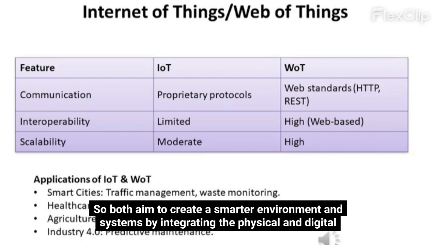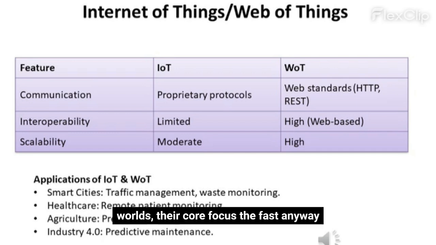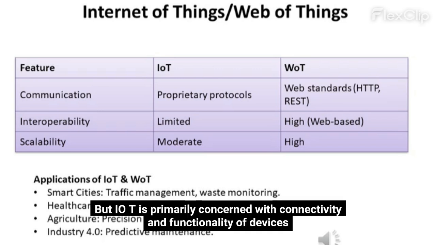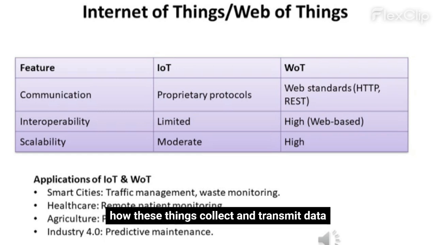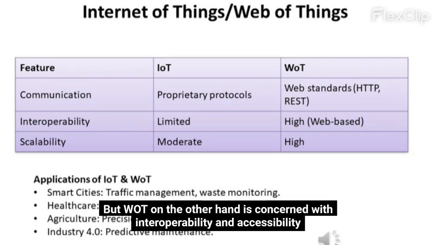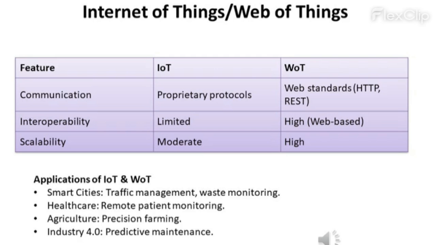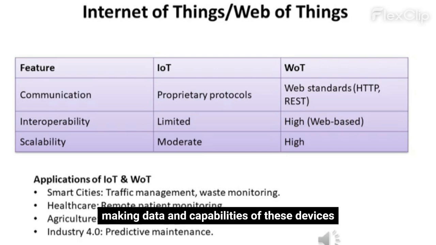Both aim to create smarter environments and systems by integrating the physical and digital worlds. Their core focus differs, though. IoT is primarily concerned with connectivity and functionality of devices: how they sense, collect, and transmit data. WOT, on the other hand, is concerned with interoperability and accessibility, making the data and capabilities of these devices available and manageable through web technologies.